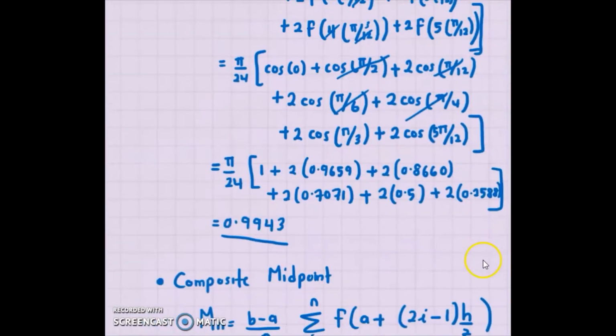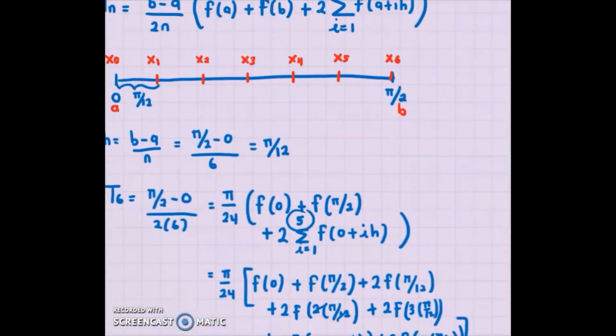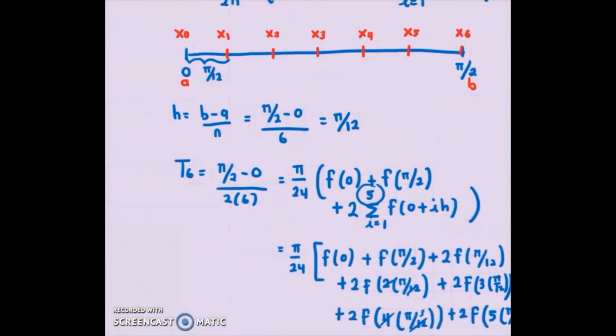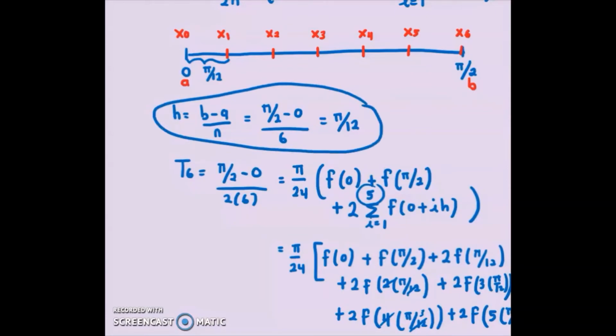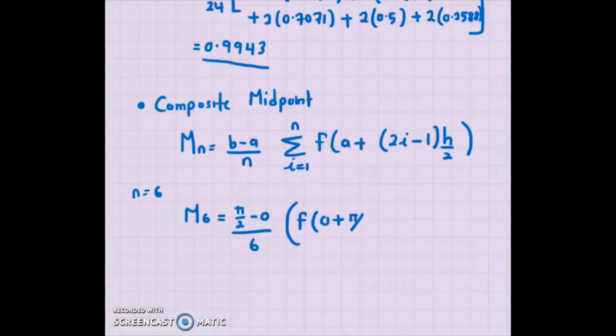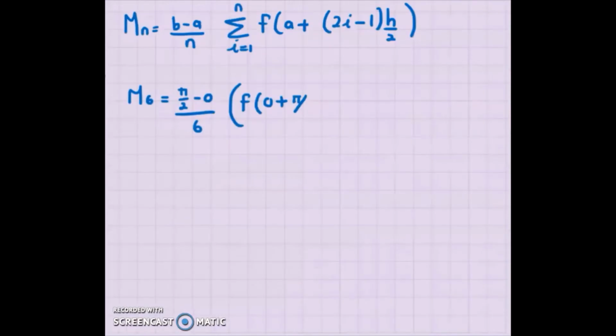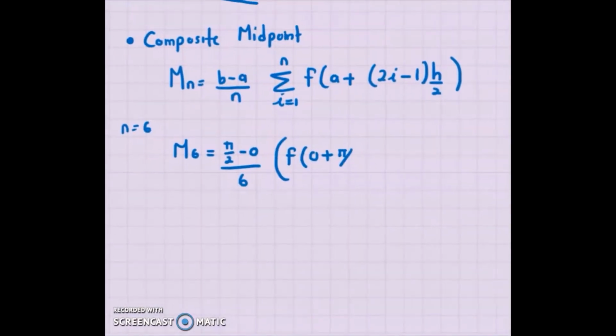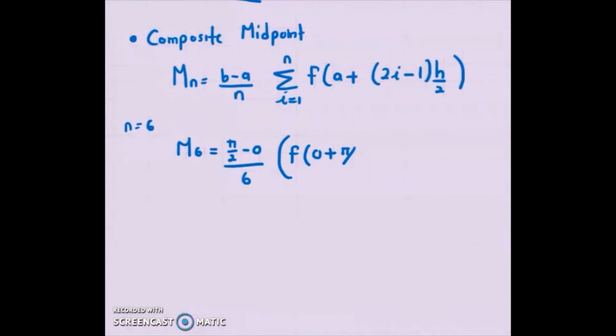I forgot. So h is pi over 12. Okay, this is h, pi over 12. Divided by 2 again, so we have pi over 24.